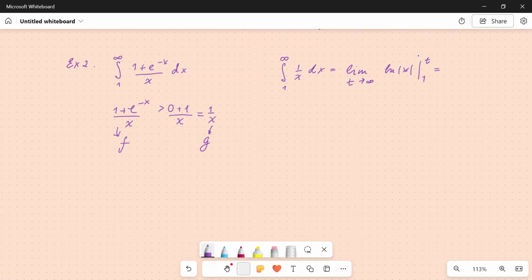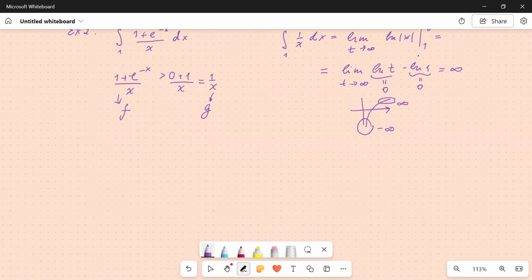So we are just going to have the limit of ln of t minus ln of 1 as t approaches infinity. This one goes to 0. This one goes to infinity. We remember that ln goes to infinity at the positive end and negative infinity at the other. So we do have infinity, you see? So this integral is divergent.